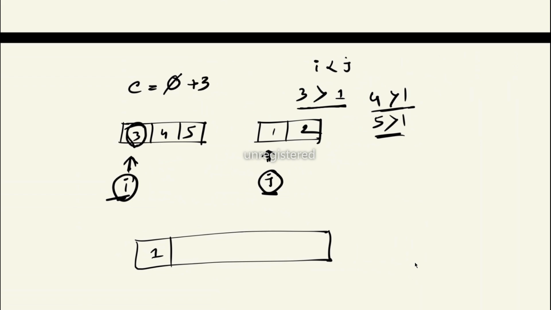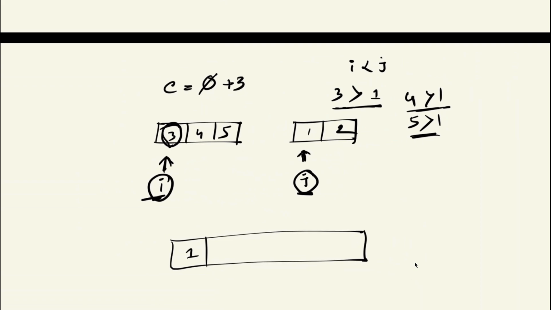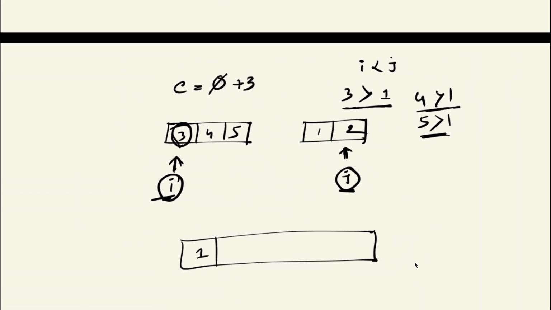Alright. So let's continue the same thing. We simply merge this one into our new array and move further. Now let's see, is I less than j? Yes, it is. Is the value of I greater than the value of j?